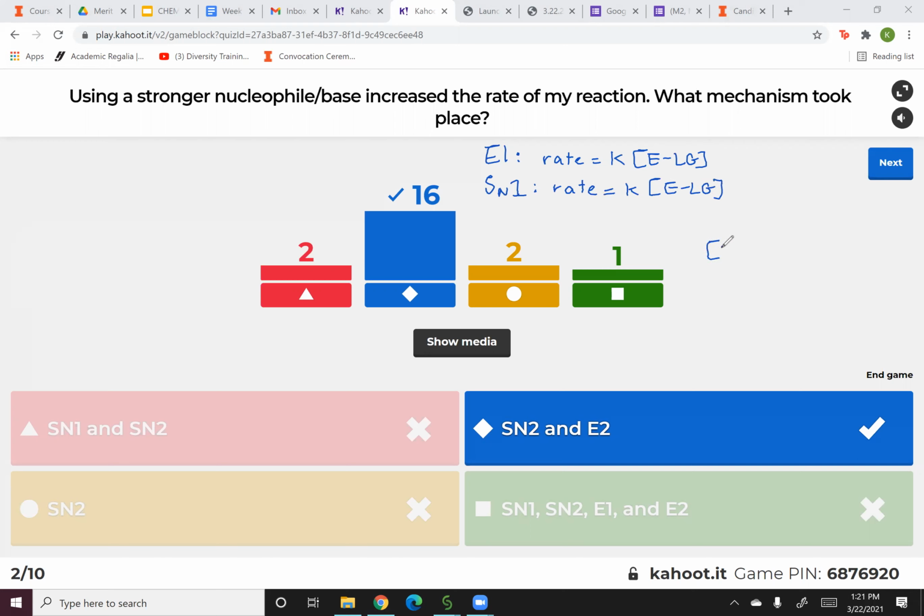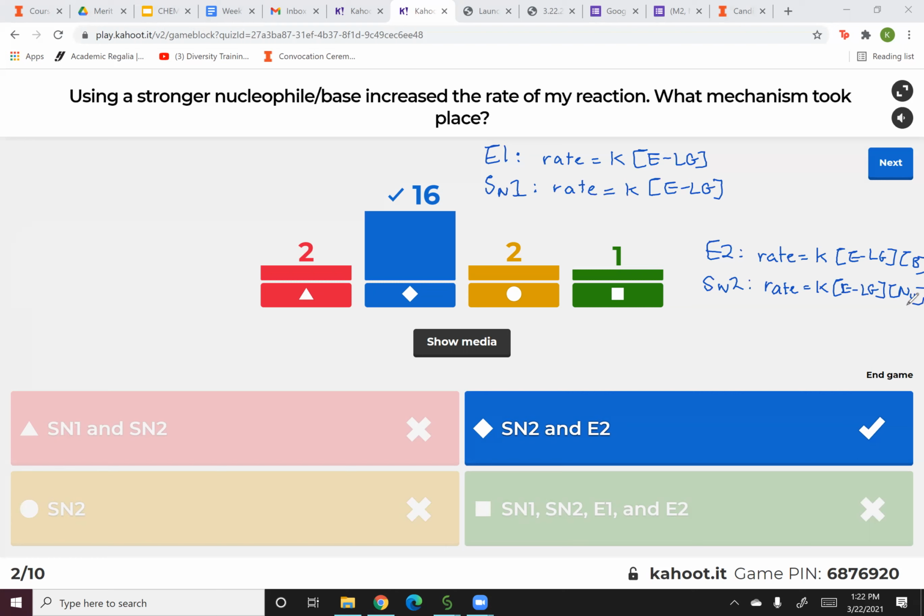And then for E2, we have rate equals k times the concentration of the electrophile times the concentration of base. And for SN2, we have the same thing, except we have nucleophile as opposed to base.